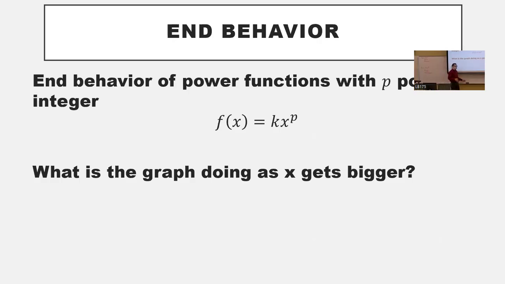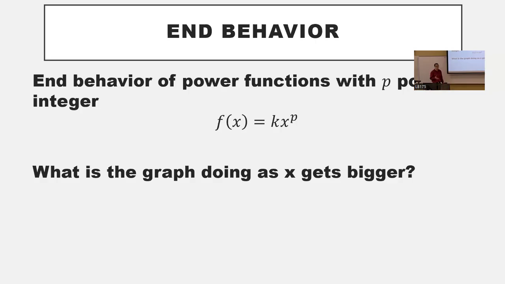Now, those two shapes can be described by their end behavior. End behavior just means as x is growing, what is y shooting off to? What is the graph doing as x gets bigger?